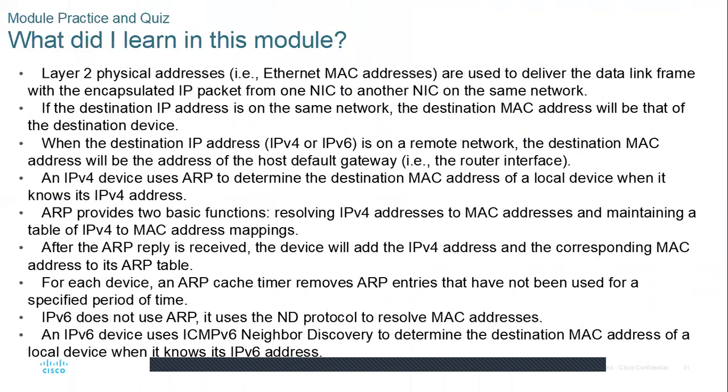What the module is about is us understanding the ARP protocol and how it works. It's just for us to be able to resolve IP addresses. So we have two major types of addresses, the physical address, the MAC address, and the logical address, which is the IP address. For MAC addresses, we talk about the CAM table, the content addressable memory.